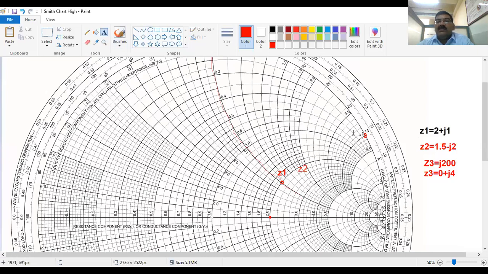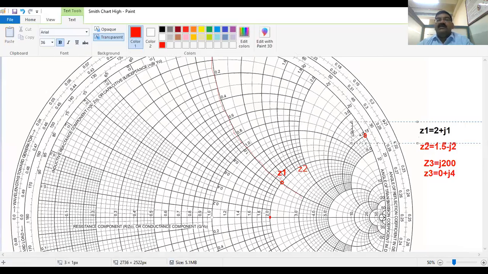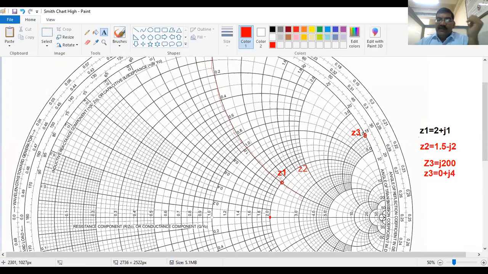This is nothing but my Z. This is nothing but my Z3. Is it correct? This is Z3. Okay. Is there any doubt? If there is any doubt, let me ask. Otherwise, I'll go further. Now Z4.